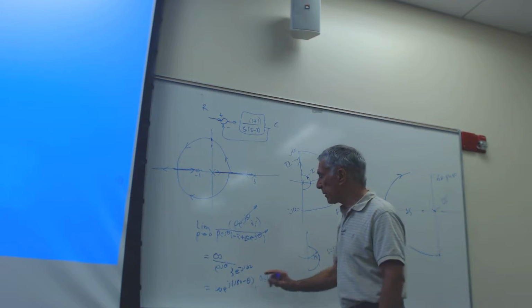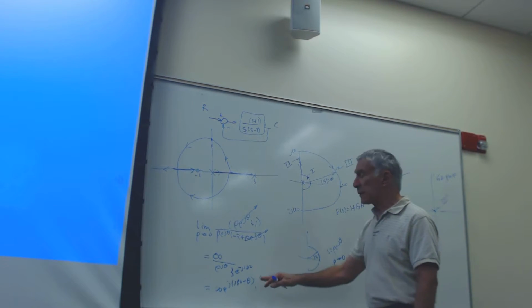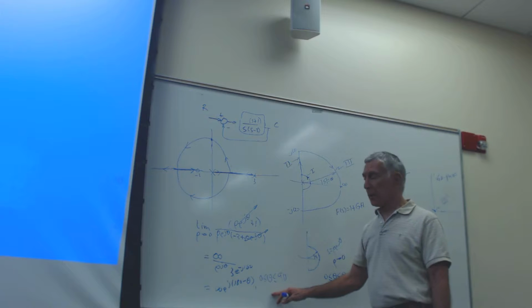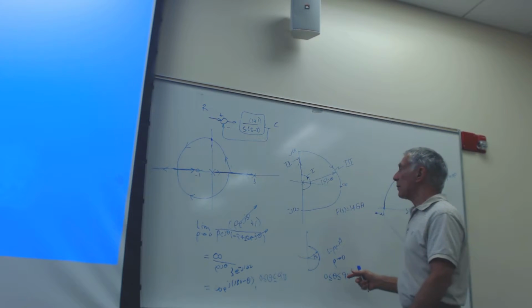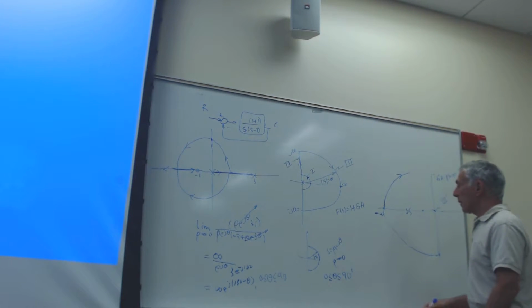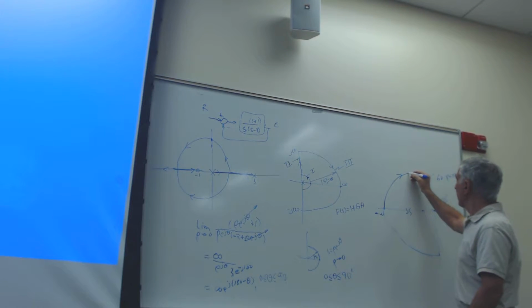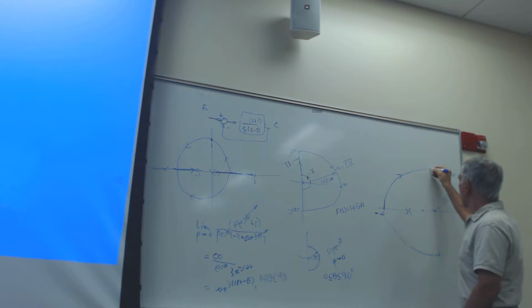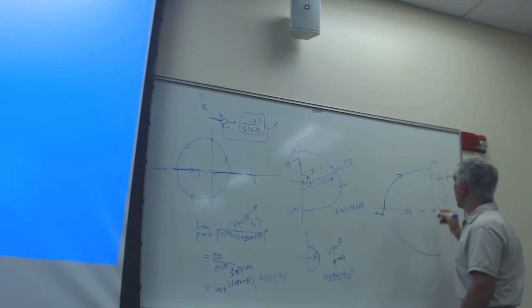Combining the phases, we get this. We get exactly the same thing, okay? And so the first part of the Nyquist diagram will look the same. It goes up to j infinity.